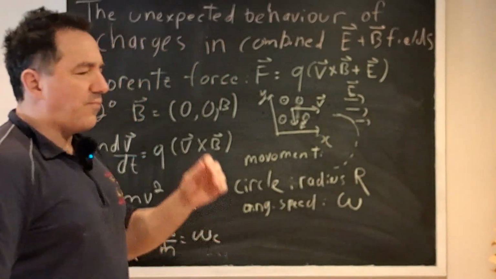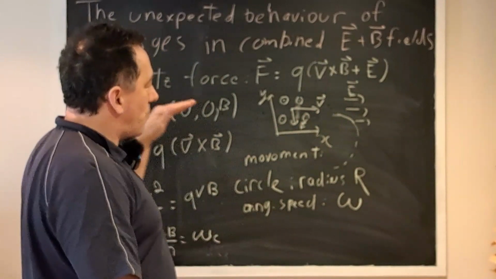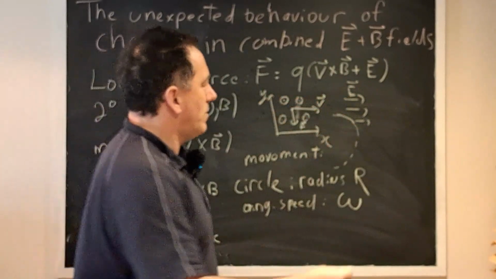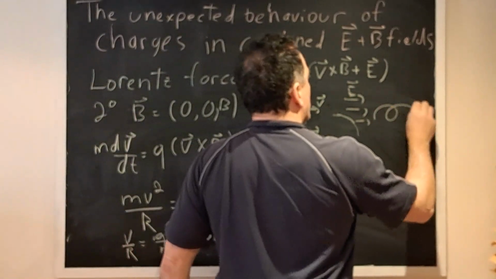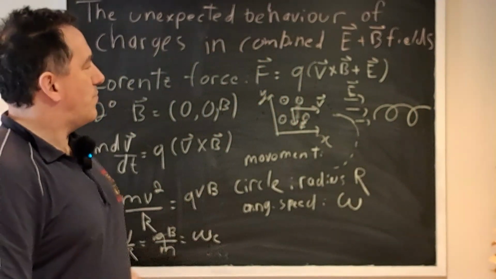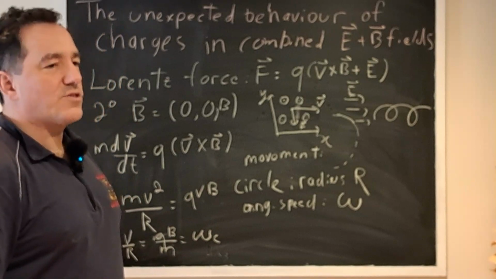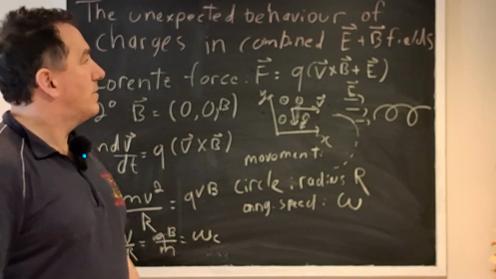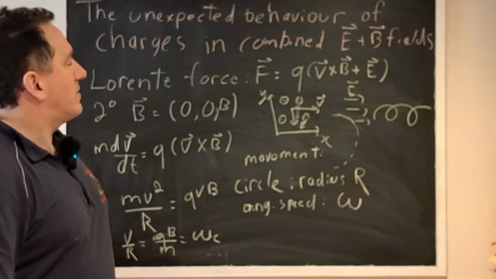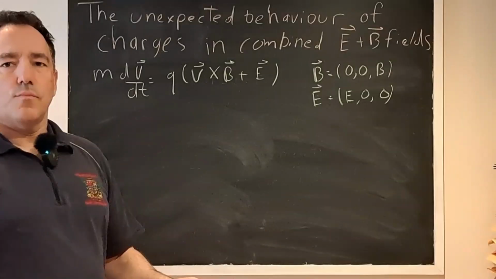So we would think that if we combine a movement in this direction and a circle, we will get a movement that looks like this. And unfortunately, we'll see that this is wrong. This is not the movement that we get. That's the surprise here in my title. It's unexpected that we don't get this movement, and we'll do that on the next board.